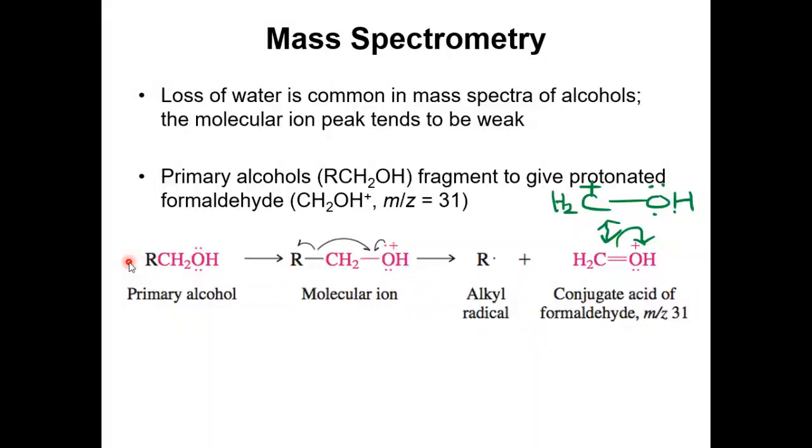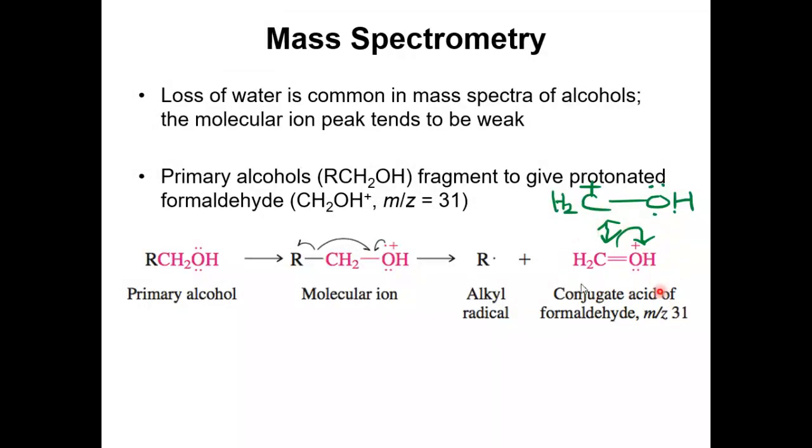And this molecular ion can easily undergo fragmentation by breaking off an alkyl radical. This gives you a cationic fragment that is the conjugate acid of formaldehyde. You can also write another form, more familiar, like a typical carbocation form.